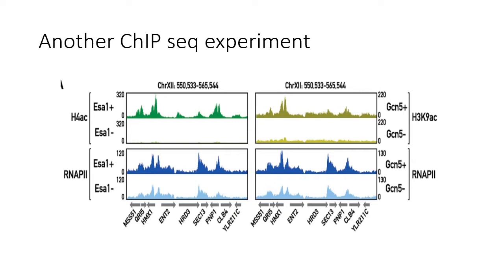In the second half of the experiment, we're going to do the same thing, only we're going to look at whether or not GCN5 obliterates lysine 9 of H3. So this involves a different histone, it's H3, and a different acetylase. But we're going to do the same experiment, looking for the absence of acetylation in that region in the mutant strain, and also looking at RNA polymerase II occupancy.